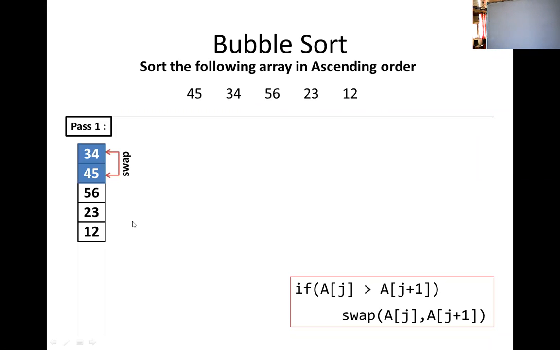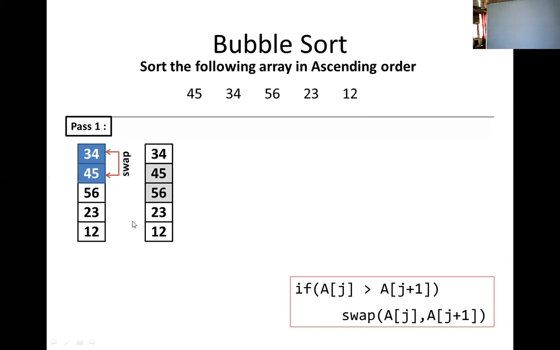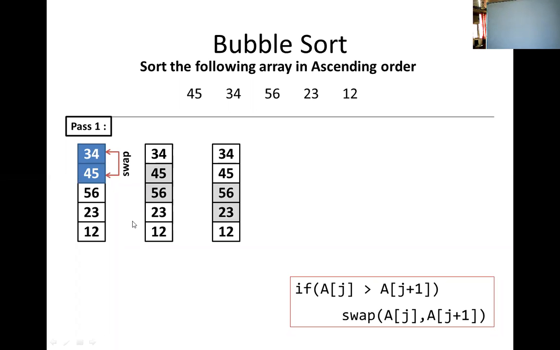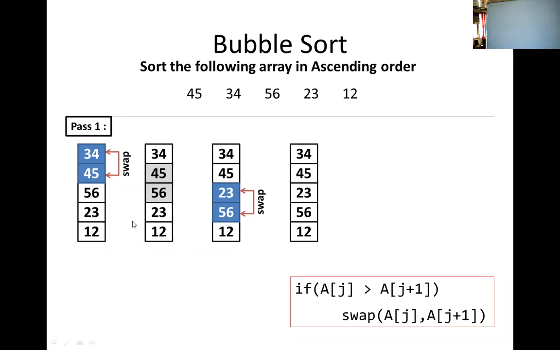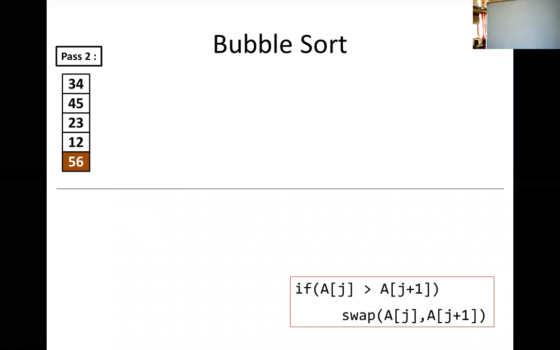So now this is 34 and 45. Now you will compare 45 with 56, and they are already sorted, so we are not going to swap. Then again 56 with 23, 56 is greater than 23, so we will swap 23 and 56. Next, 56 is again greater than 12, so we will swap 12 with 56. So it is done. Okay, so this is the first pass.